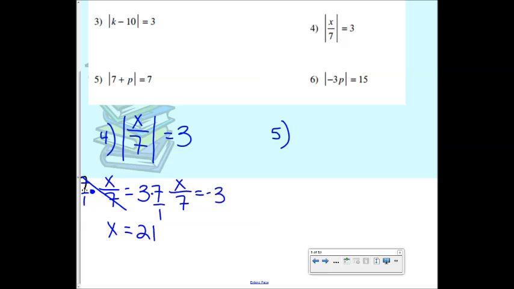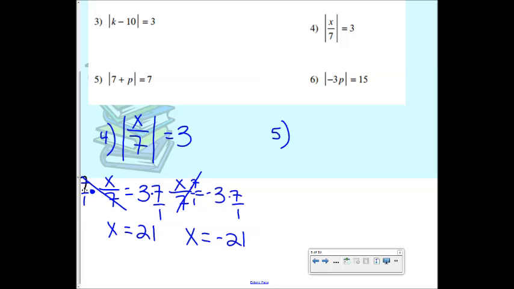And then I do the same thing over here, so times 7 over 1 times 7 over 1. And as a reminder, we do 7 over 1 because we use the reciprocal of that fraction. 7 was on the bottom, so we need it on the top, and we use 1 as a placeholder. We don't really need that 1, it's just a placeholder. So my 7's go away, and I get x equals negative 21, because negative 3 times 7 is negative 21.